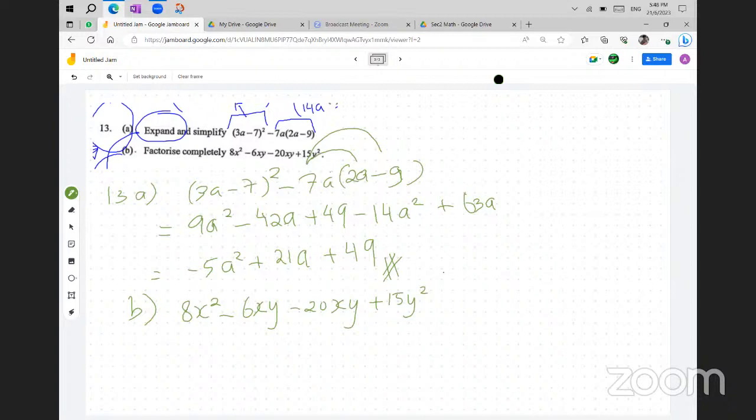What do you wish to be done? There's two things. Oh, it's 8x² minus 20xy. So it's going to be 4x bracket 2x minus 5y.